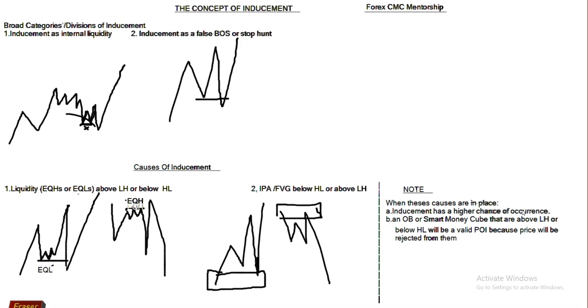Why? Because price will always come for liquidity levels, and price will always come for imbalances to rebalance the market, so that the price can be efficiently delivered.